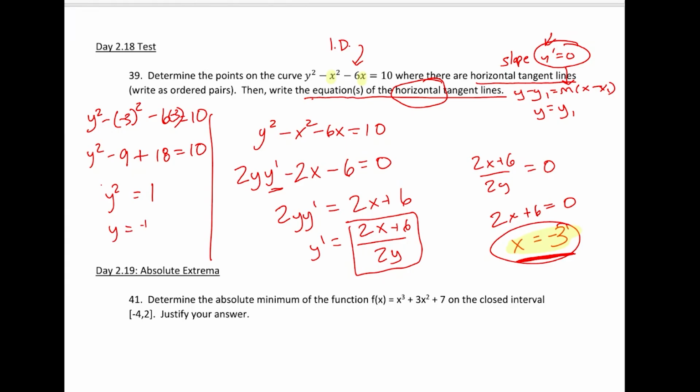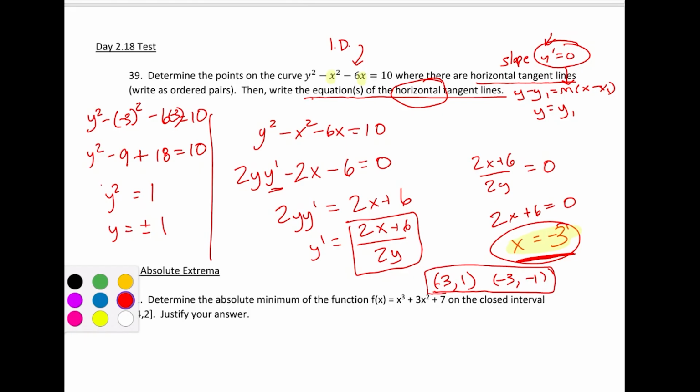So y is going to be plus or minus 1. That means we've got a total of 2 coordinates: negative 3 comma 1, and negative 3 comma negative 1. Sorry, I had a little interruption there, but our 2 coordinates are negative 3, positive 1 and negative 3, negative 1.